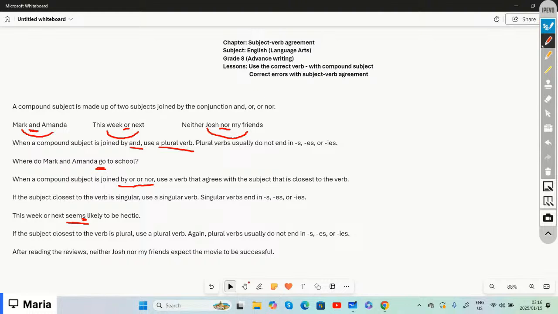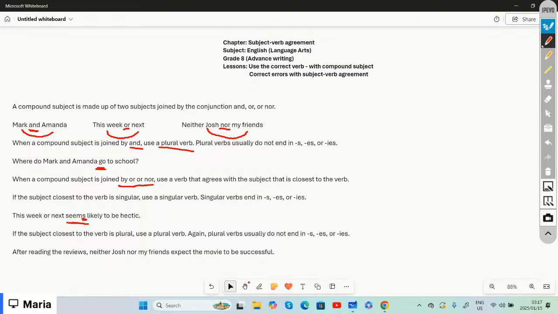All right. And once again, if the subject closest to the verb is plural, then our plural verb does not end in s, es, or ies.